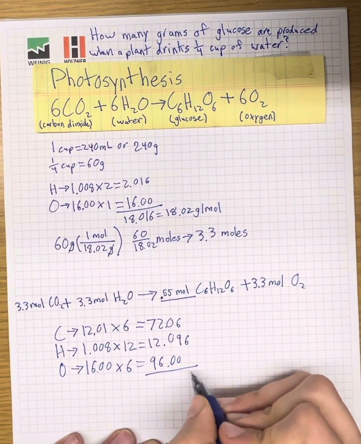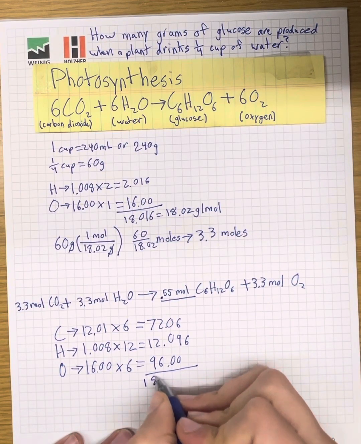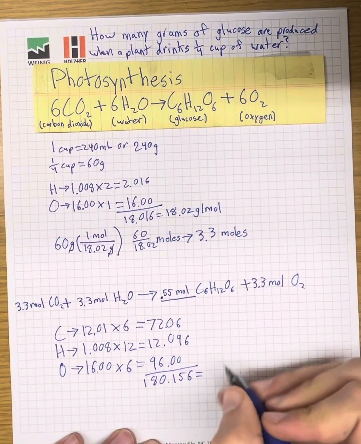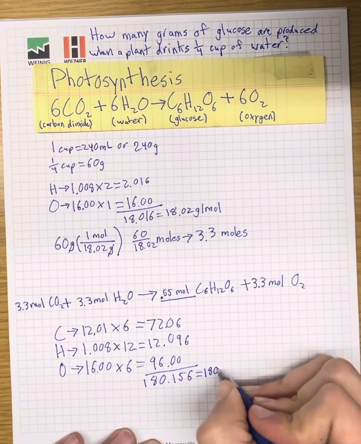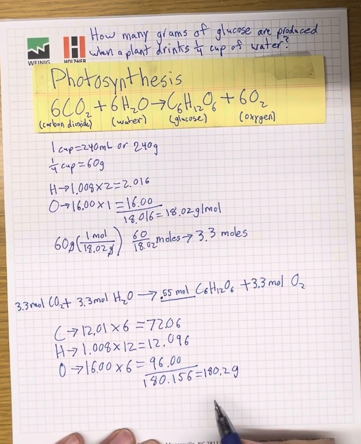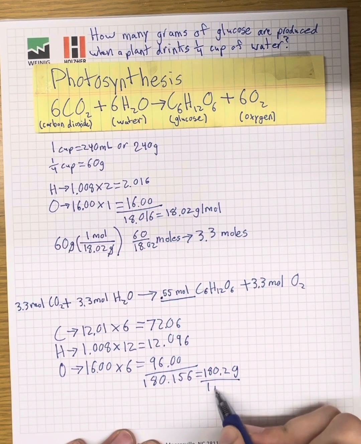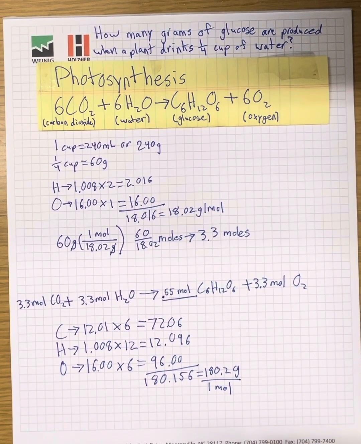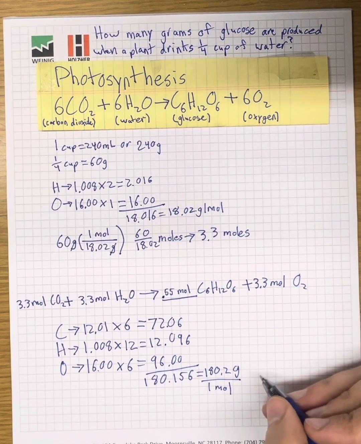We'll add these up together, and that is going to give us 180.156, or we have 4 sig figs, we're going to say 180.2 grams. There's 180.2 grams for every 1 mole of glucose. But we don't have 1 mole, right? We have 0.55 moles.